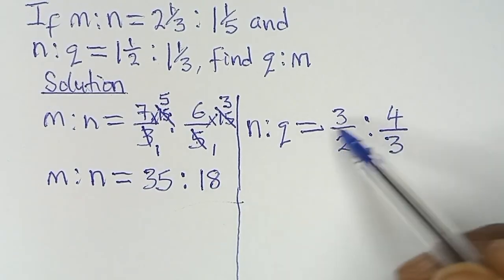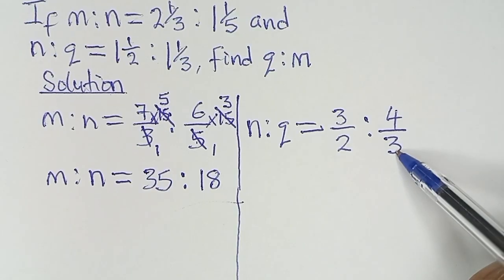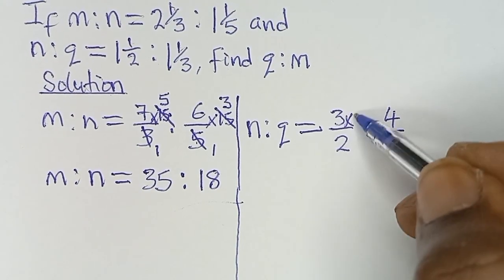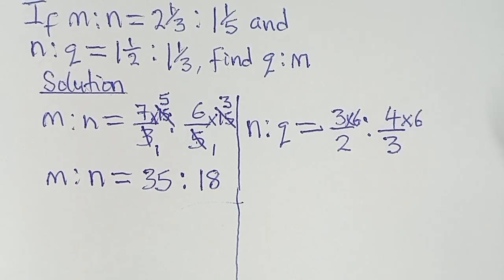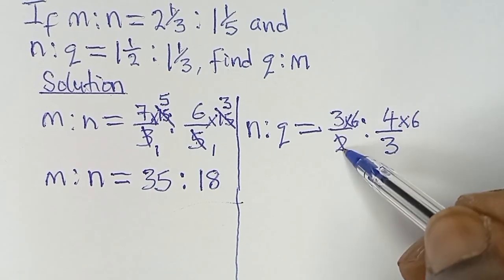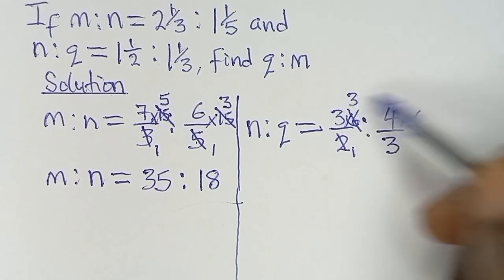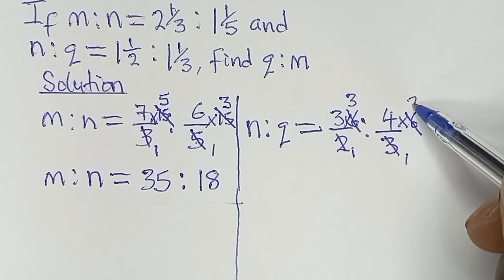The same way, I'm going to make these whole numbers. The LCM of 2 and 3 is 6. So I multiply this one by 6 and also multiply this by 6. So 2 here is 1 and 2 in 6 is 3. 3 here is 1 and 3 in 6 is 2.